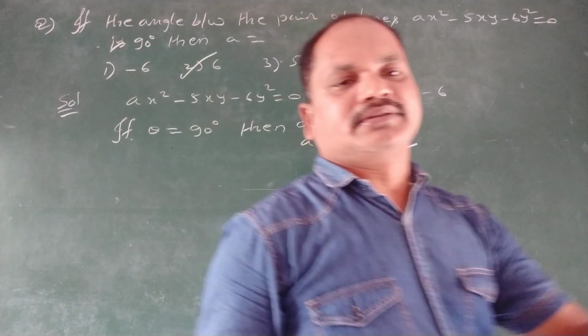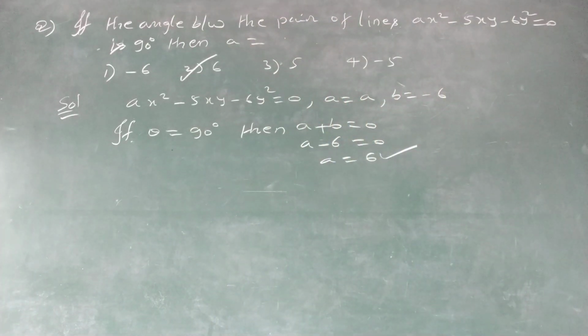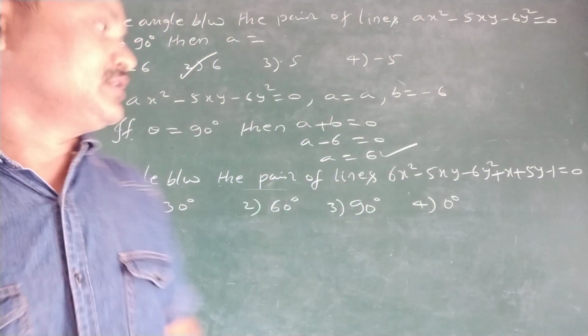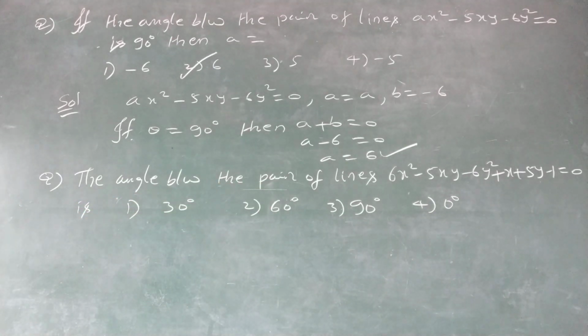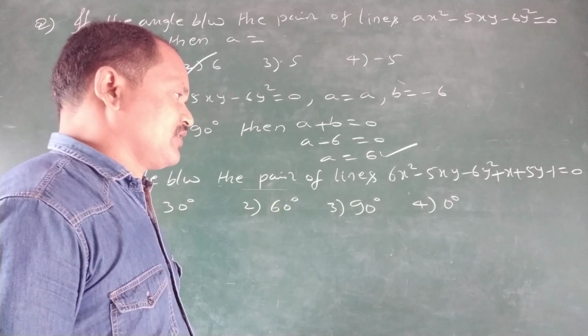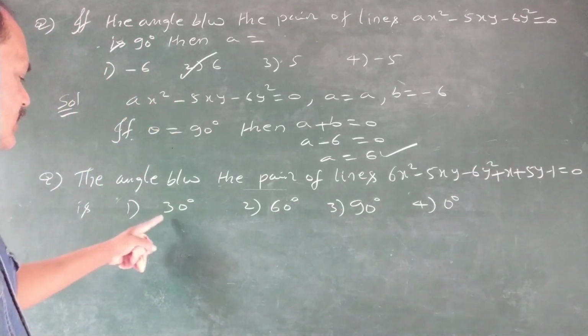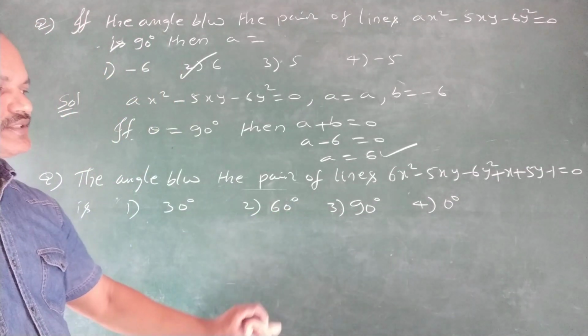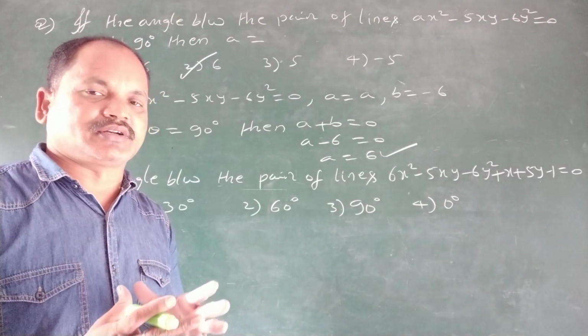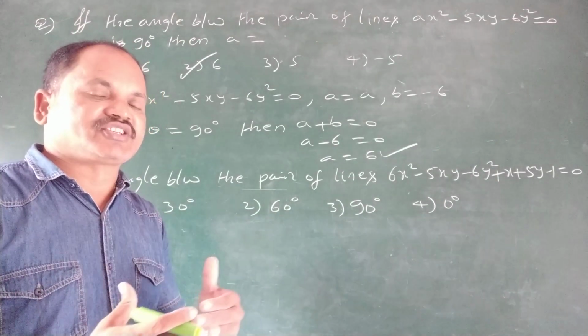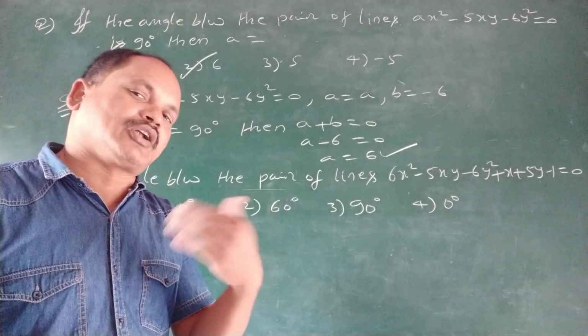Okay, right. Now the question: the angle between the pair of lines 6x square minus 5xy minus 6y square plus x plus 5y minus 1 is equal to 0 is 30 degrees, 60 degrees, 90 degrees, or 0 degrees. So we know that the angle between the pair of lines is the same for the homogeneous pair of lines and the non-homogeneous pair of lines.